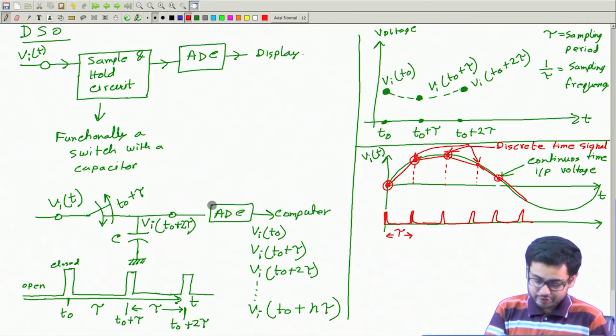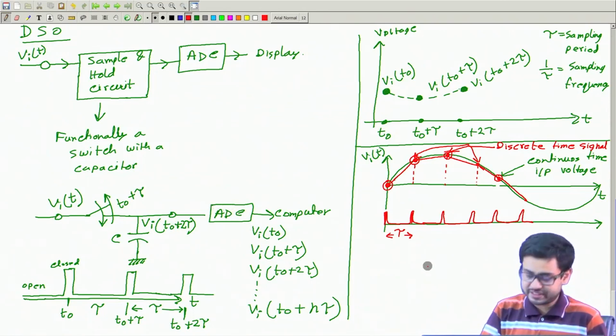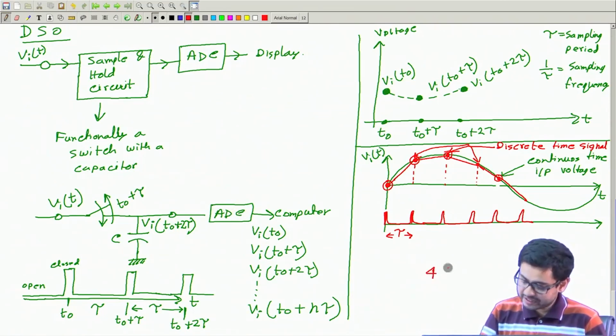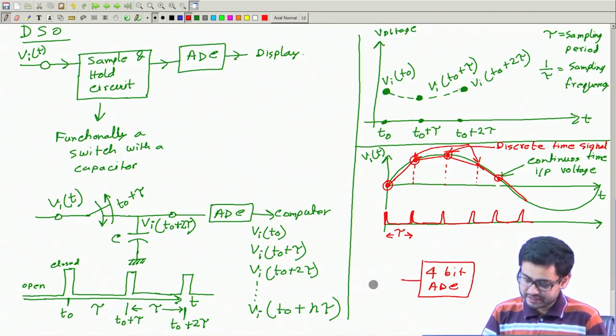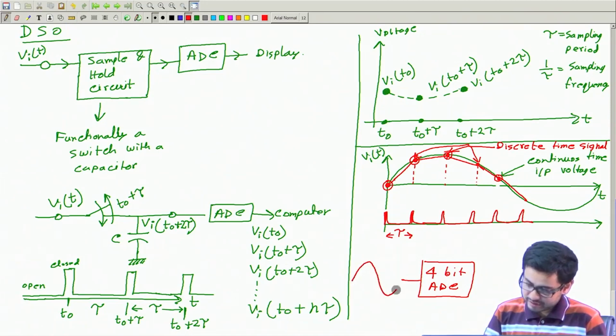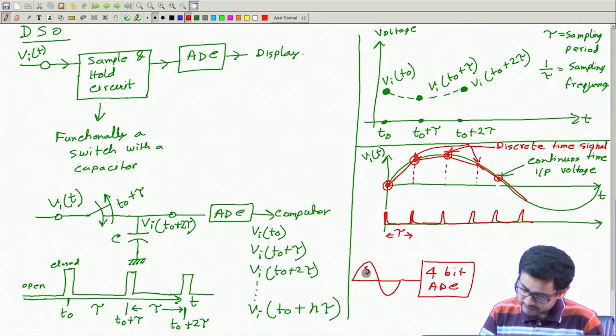So for example, for simplicity, let me take a 4-bit ADC, and on this side I give a sine wave whose amplitude is, say, plus minus 8 volt, so this is plus 8 volt, here minus 8 volt.